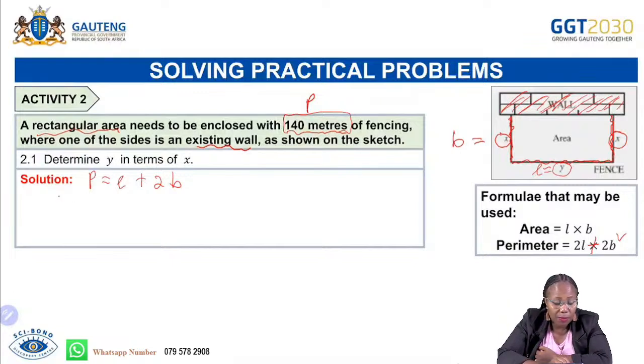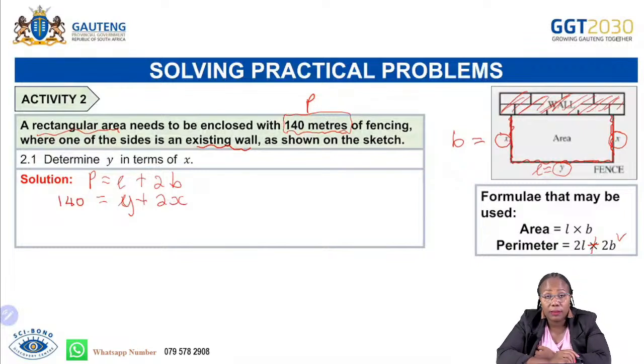So what is the perimeter? 140. Our length is y. That will be y plus 2x. And then now we want y in terms of x. We are going to transpose this to the left-hand side.